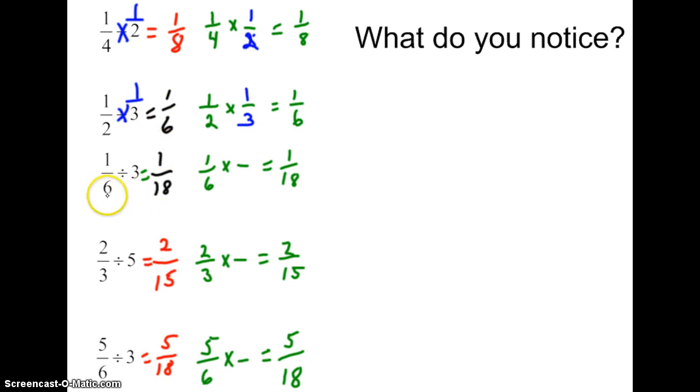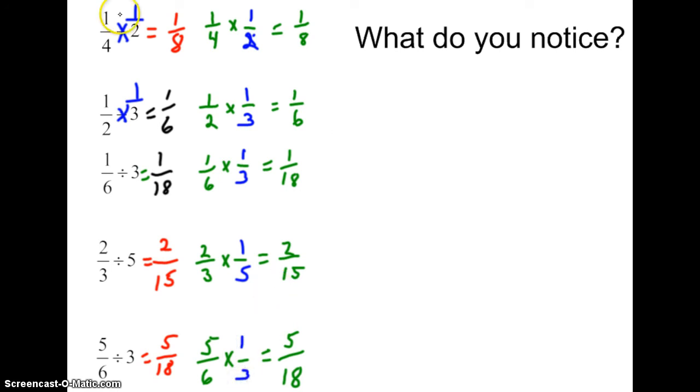So based on this pattern, 1/6 times the reciprocal of 3, which is 1/3, would equal 1/18, and it does. 2/3 times the reciprocal of 5, which would be 1/5, is 2/15, and that checks. 5/6 multiplied by the reciprocal of 3, which is 1/3, is 5/18.